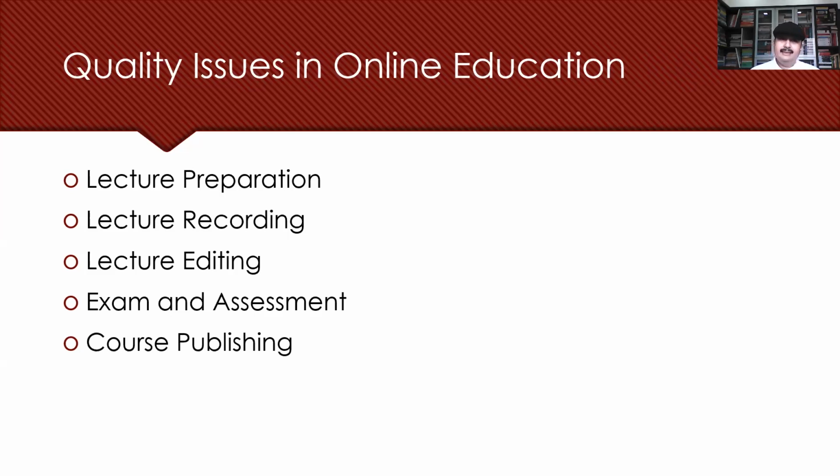Then second is lecture recording. Again, quality issues may be in terms of poor audio, poor video, poor lighting, or the recording room where a lot of noise disturbance comes. So what are the resources? You can say a good microphone, a Blue Yeti, DSLR camera, studio lights, or a good studio can be used as a resource for this lecture recording.